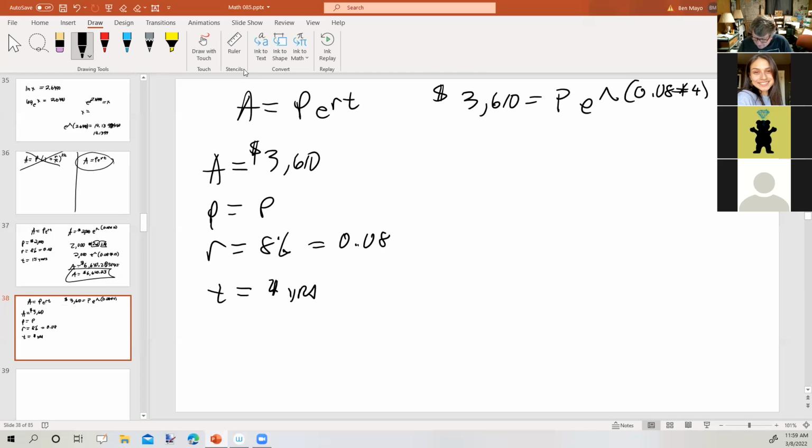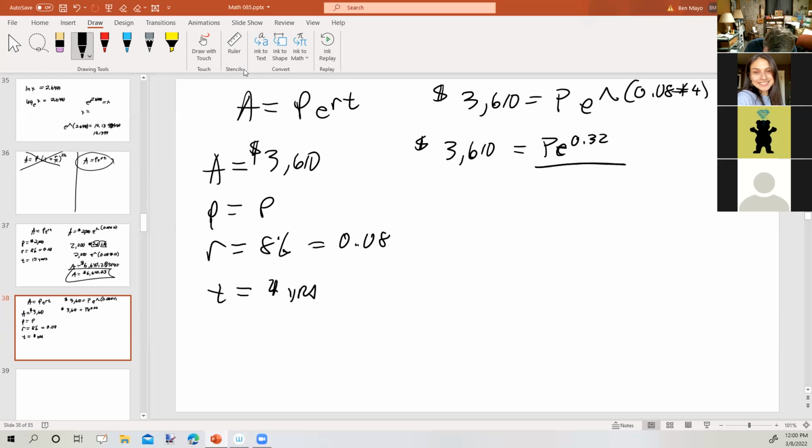In this case, because I'm going to be dividing both sides to get P by itself, I'm going to predetermine what 0.08 times 4 equals, and that's 0.32. Okay.